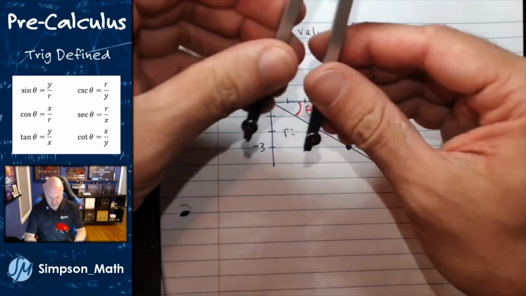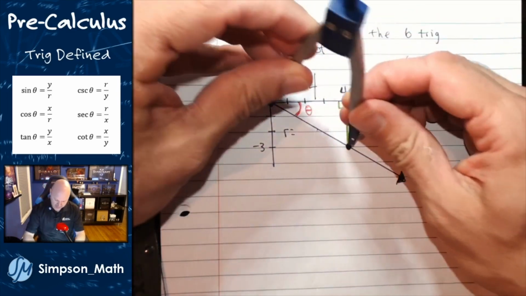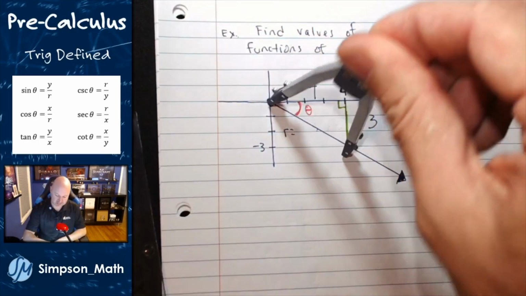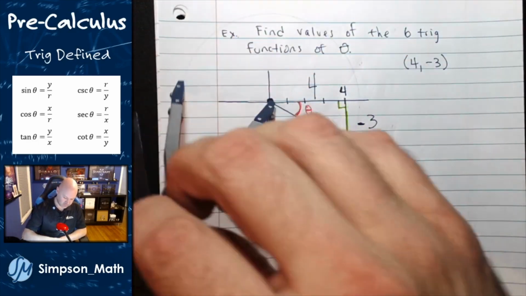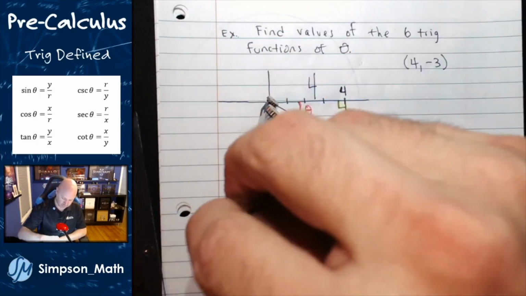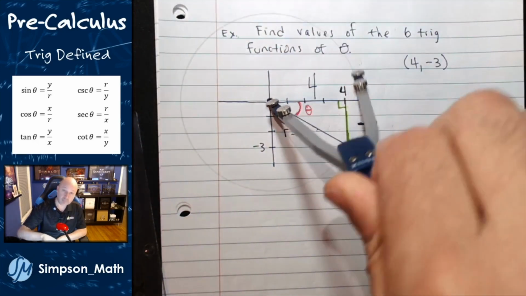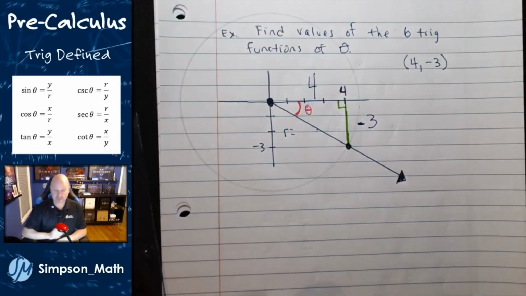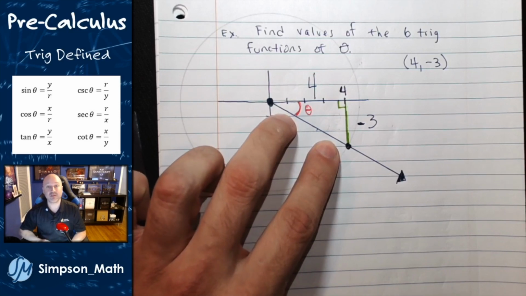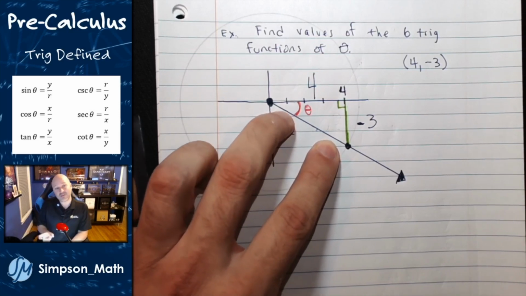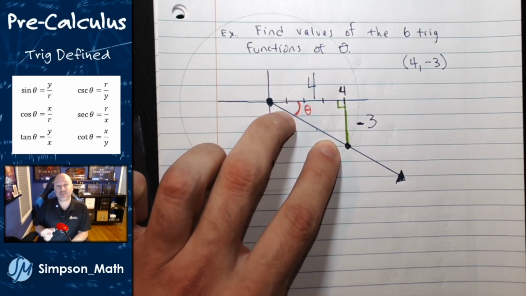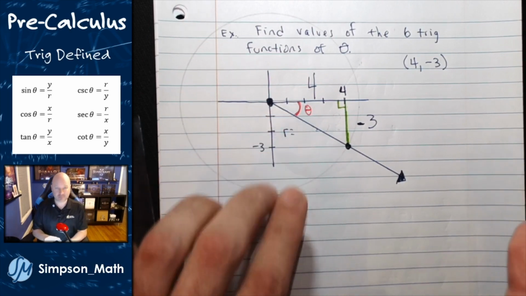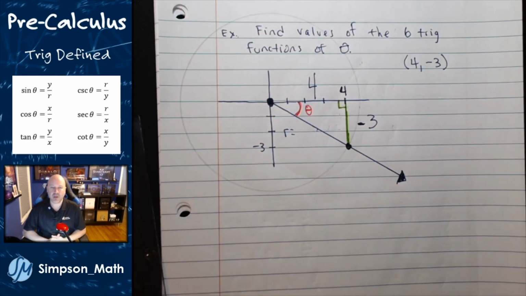I don't think we need to draw a circle here, but maybe this first time just to help visualize that the hypotenuse of this triangle is the radius of this circle in standard position.